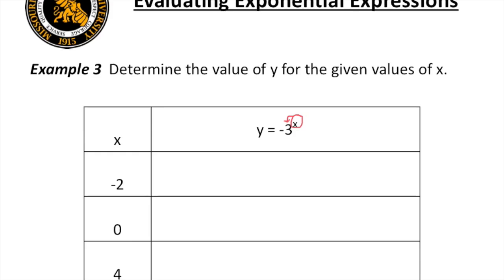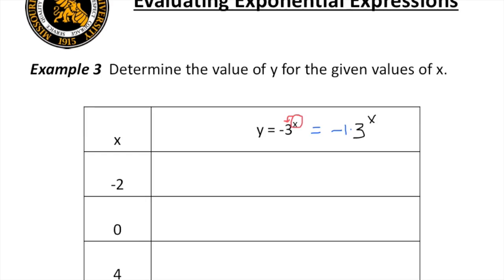The negative is sitting out in front. So it's wise for us to think of that negative separately as maybe a -1 being multiplied to that 3 to the x.